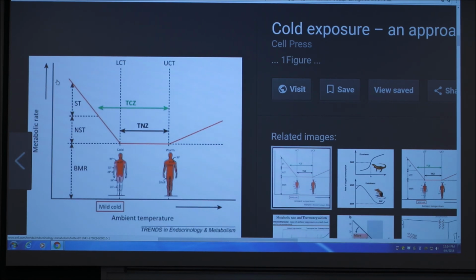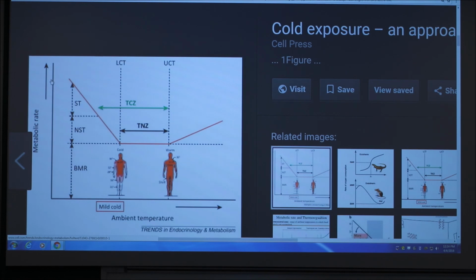But there is an upper limit too. What's the upper limit called on this chart? We could draw a little line here and say that animal can't make any more heat, and I'm going to put a name to it. Summit metabolism, S-U-M-M-I-T. It's the most heat you can make.